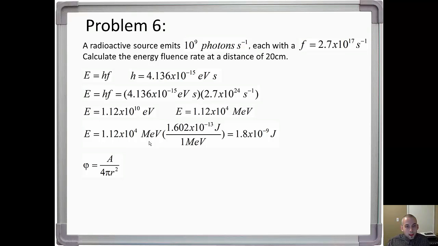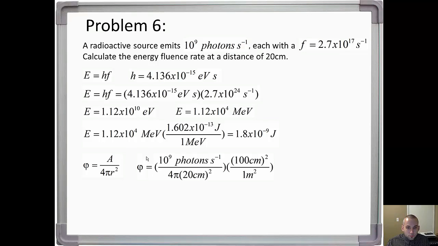So this is the formula: activity over 4 pi r squared. So 10 to the 9 photons per second over 4 pi r, which is 20 centimeters squared, and then we're just going to convert it to meters to the negative 2.